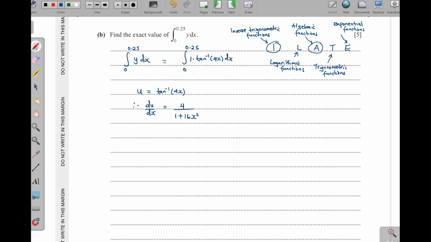By the way, another thing you can use here to differentiate this very fast, for inverse trigonometrical functions, this is what you do.